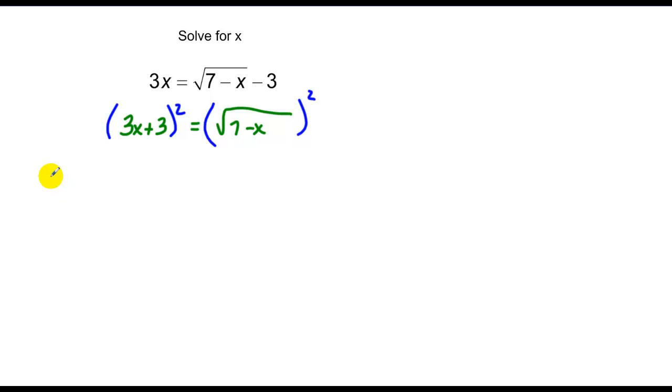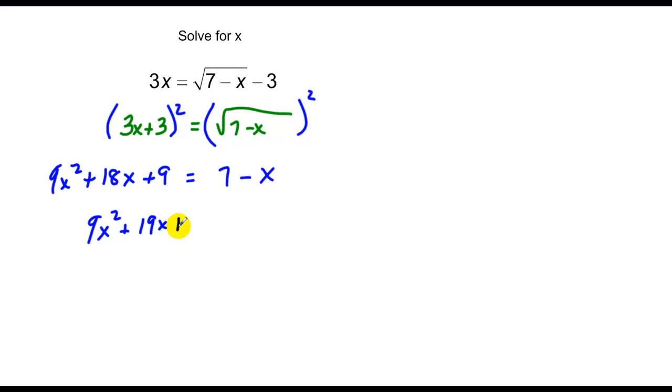FOIL this side out, that gives me 9x squared plus 18x plus 9 is equal to 7 minus x. Again, set it equal to 0, that's 9x squared plus 19x plus 2 is equal to 0.